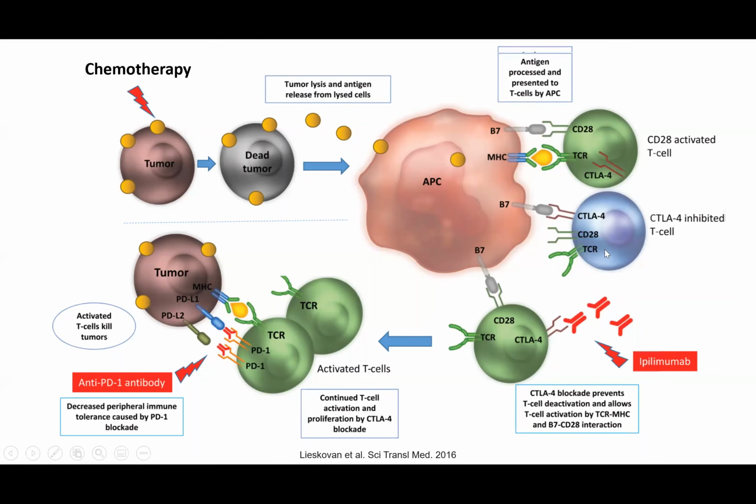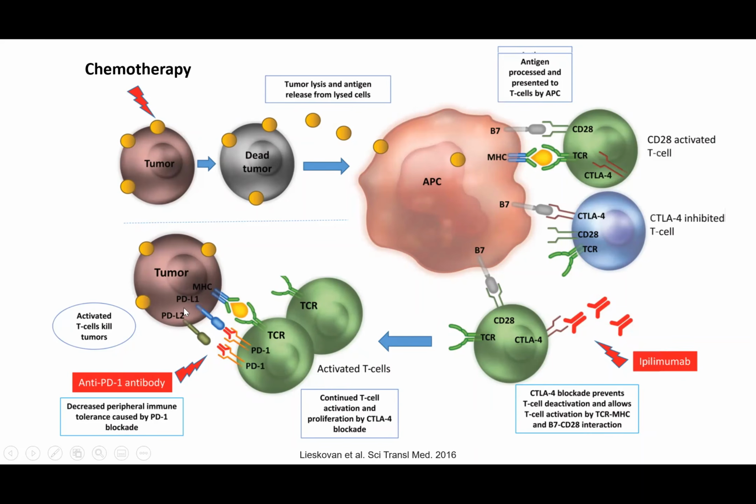But when the T cell upregulates CTLA4, this will lead to inhibition of T cells, because CTLA4 will compete with CD28 and will bind with the B7 protein, and we lose signal 2, so the T cell will become inactive. Here we use ipilimumab to block CTLA4 and give the opportunity again for CD28 to interact with the B7 molecules CD80 and CD86 on the antigen presenting cell, and the T cell becomes active again, will infiltrate the tumor, and will interact with the tumor cell, leading to its killing.